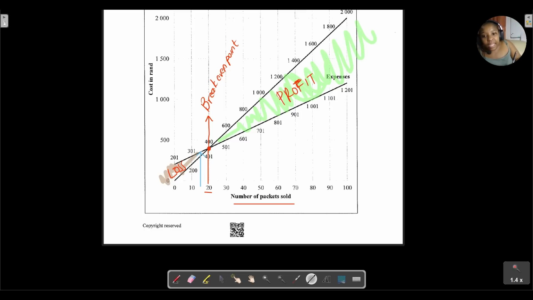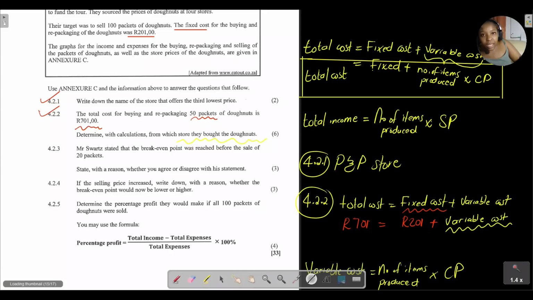Why are we saying that it cannot be reached before 20 packets? It's because we can see that before 20 packets, the expenses are greater than the income. And we definitely know that at the break-even point, income is equal to expenses. So that is why we disagree with Mr. Swartz.